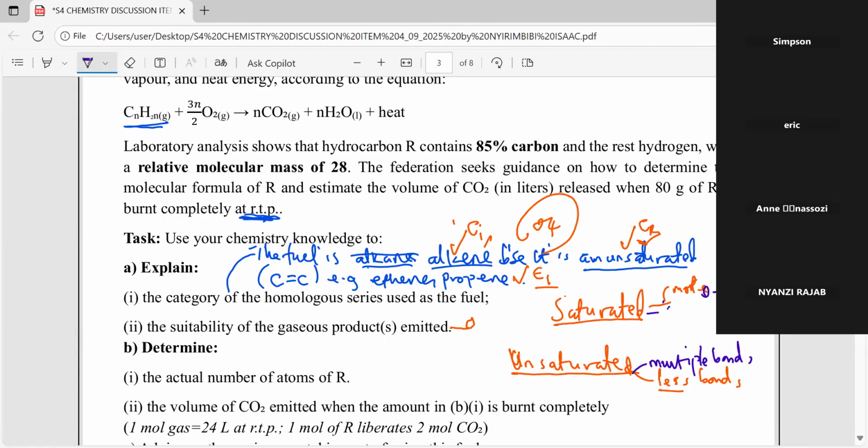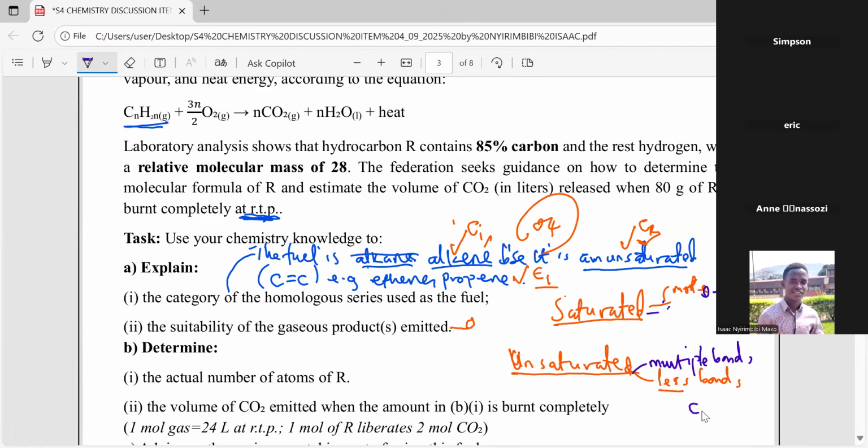They have all been utilized. But when you come to unsaturated, you find that some bonds of carbon are not utilized. And in simple terms, it has what we call the pi bonds.